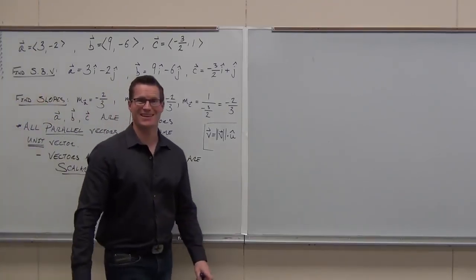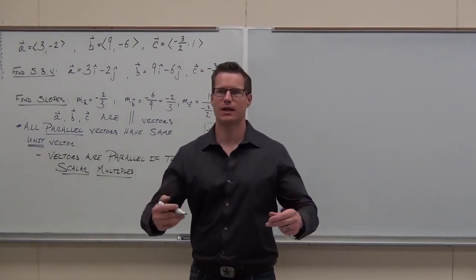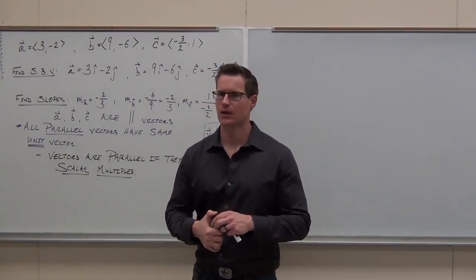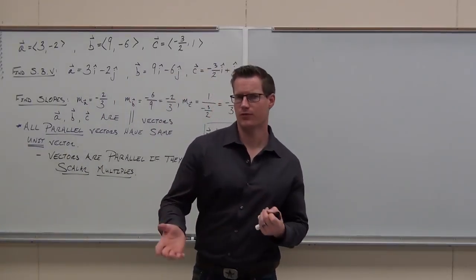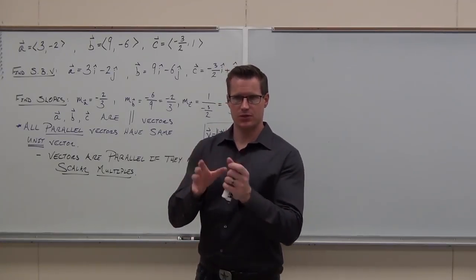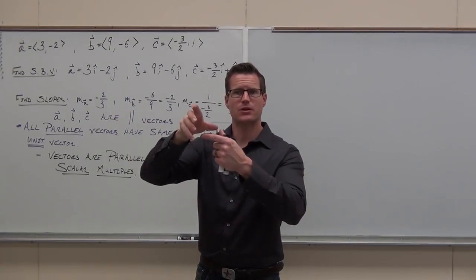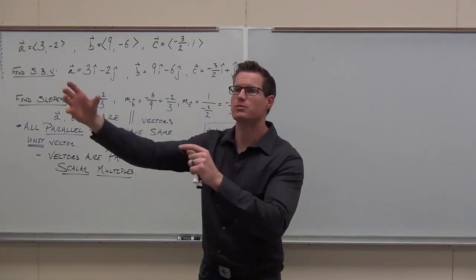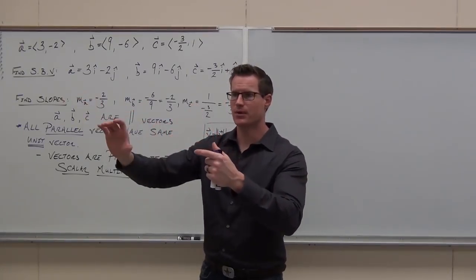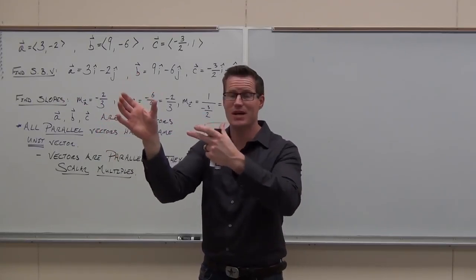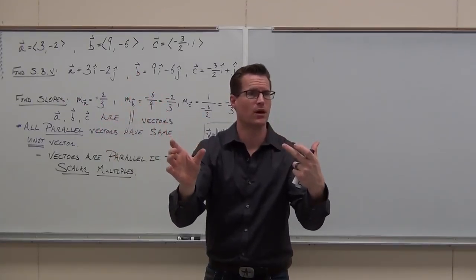And you go, I don't know what that means right now. What's a scalar? A constant. Yeah, it's a constant. It's a non-vector. So here's what scalar multiple means. If you can take one vector and factor out a number, it becomes a multiple. If I can factor out a number such that I get that number times another vector, they are parallel.